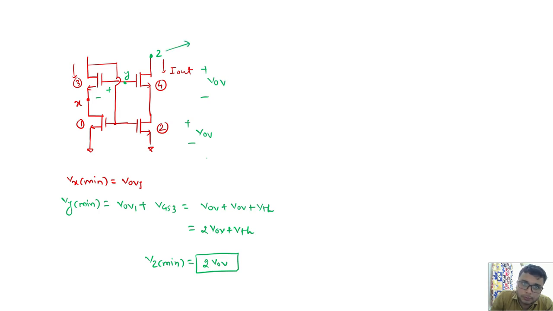So this minimum value consists of 2 overdrive voltage. More than that is just a waste of voltage here. So I think this is enough for this value.